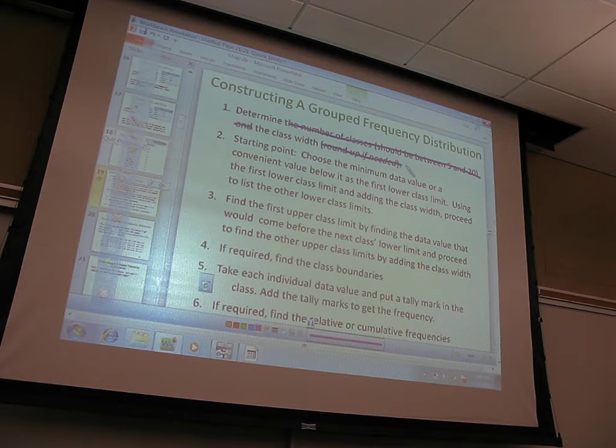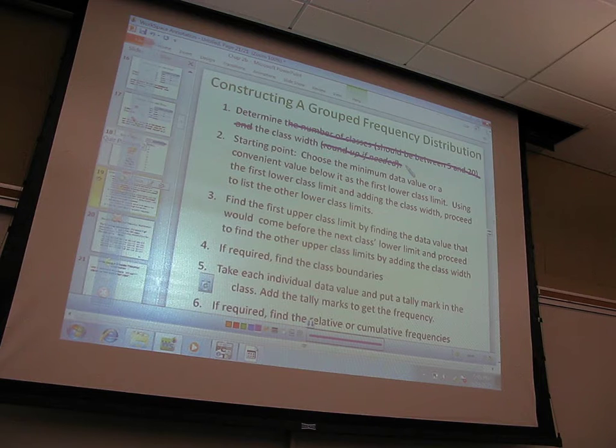If my class width is 100, then my lower class limit should be one of the hundreds. Do you guys see what I'm saying? If my class width is 5, then my lower class limit should be a 5. You know, 5, 10, 15, 20, 25, 30, one of those. That's the point that he made, and that's why he and I argued for about 2 years, and he's right.